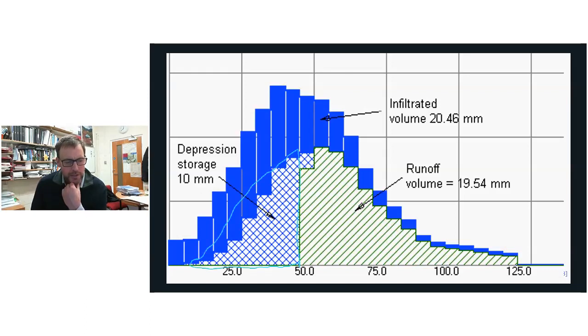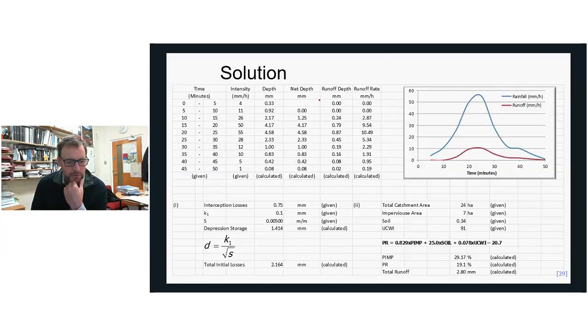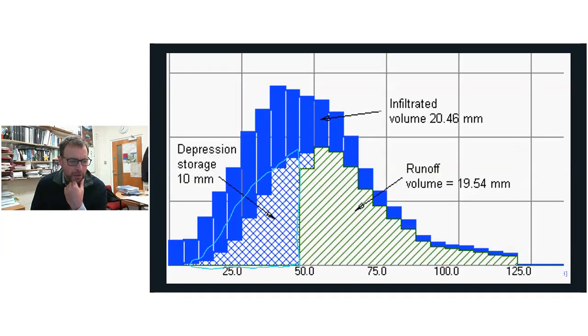Then we're looking at calculating the continuing losses, which is the blue, which runs right through it. Okay, and then what we expect to have, I mean, this graph here is idealised, it's not the solution to the problem. What we expect to end up with is the green part, which is the runoff profile.